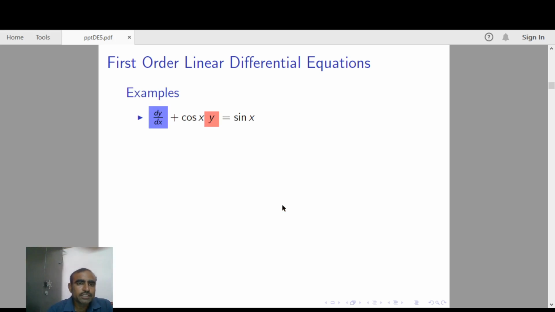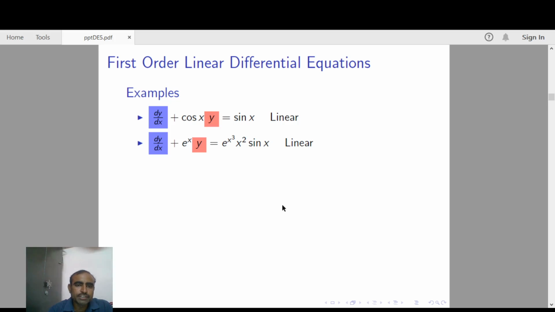Let's see some examples. First example: dy/dx + cos x · y = sin x. This is a linear differential equation because we have a first order derivative and the degree of y is 1. And dy/dx + e^x · y = e^(x³) · x² · sin x.